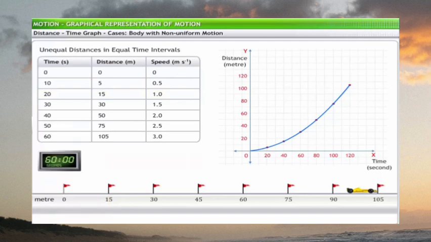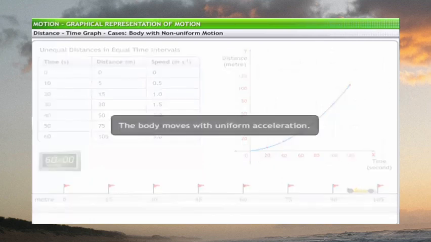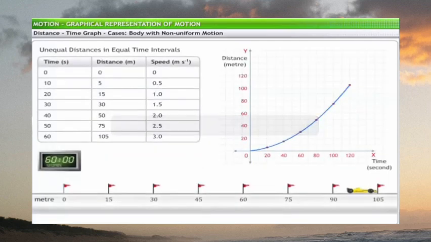We observe that the speed of the body increased with time at a constant rate. Hence, we can say that the body moves with uniform acceleration. Thus, for a body with uniformly accelerated motion, the distance time graph is in shape of a parabola.